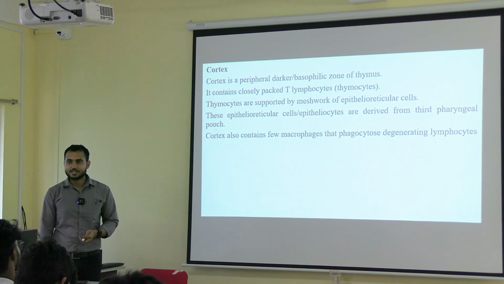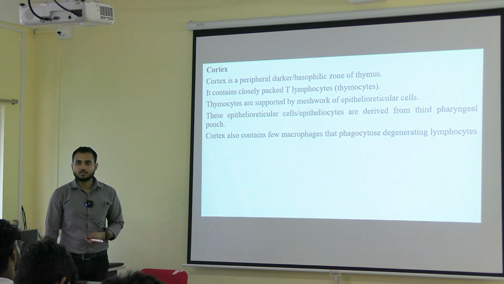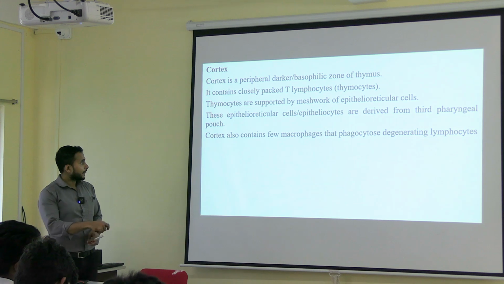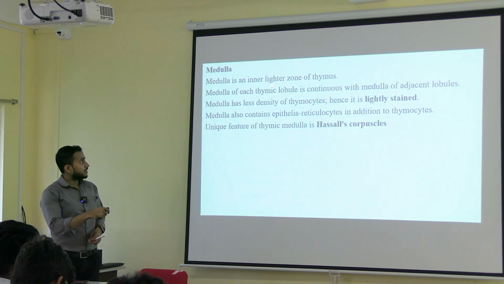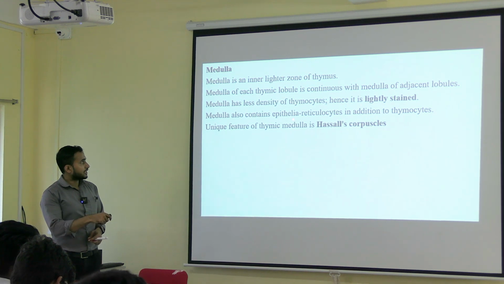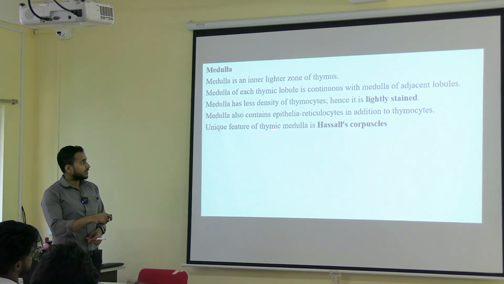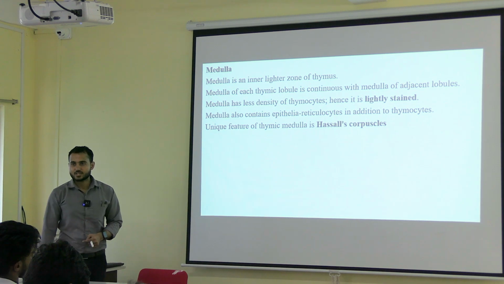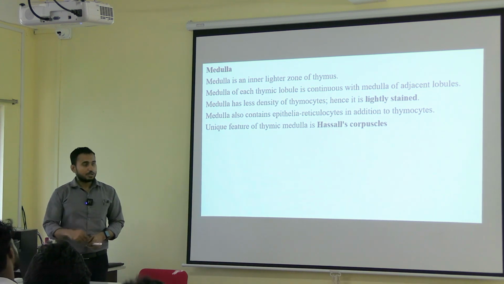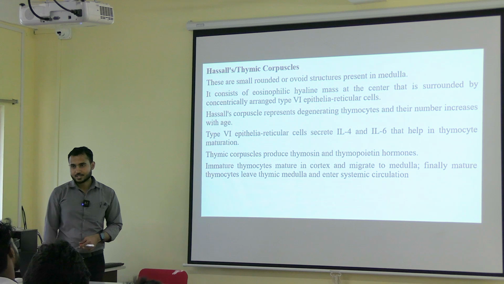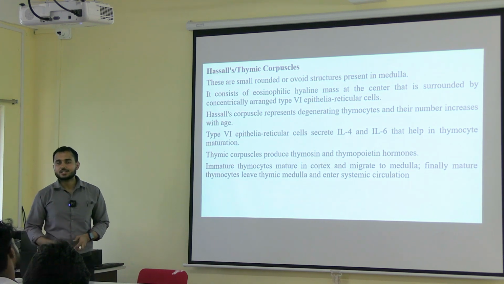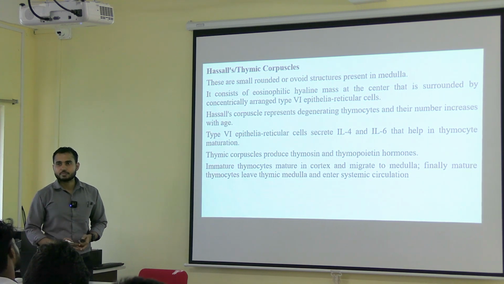Very important, as I said, 6 types of epithelio-reticular cells are present. Next, the medulla is lightly stained. It also has epithelio-reticular cells, and along with that, Hassall's corpuscles are present. Now, can anyone tell me why these Hassall's corpuscles are present, and what is their importance?